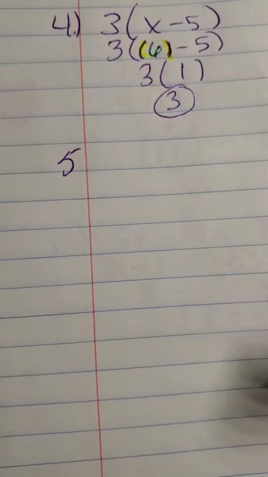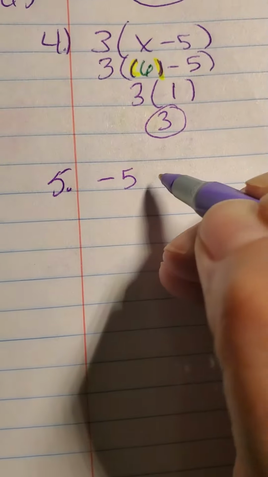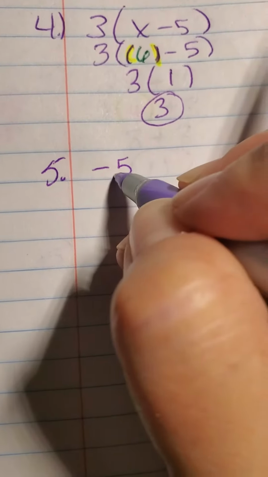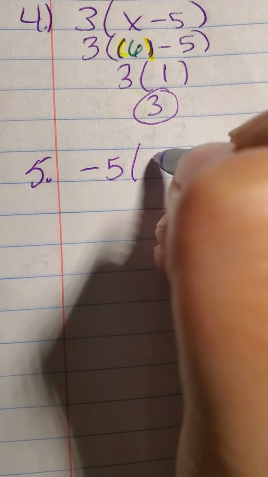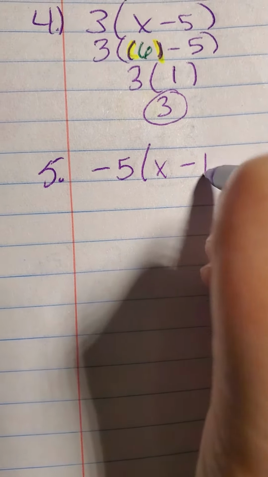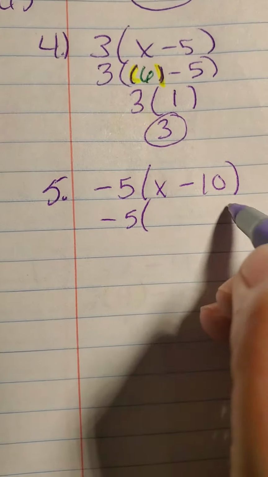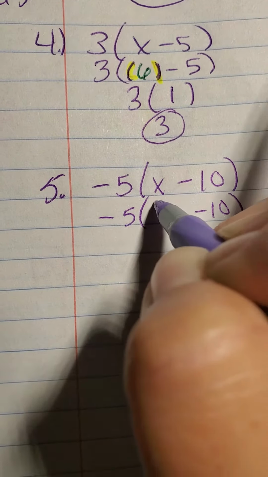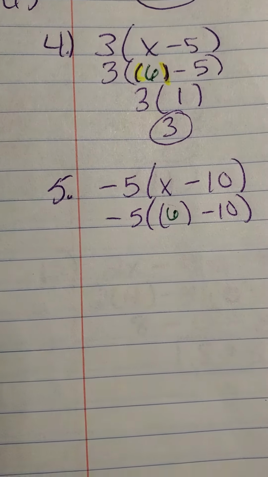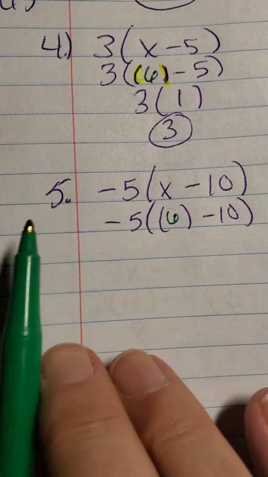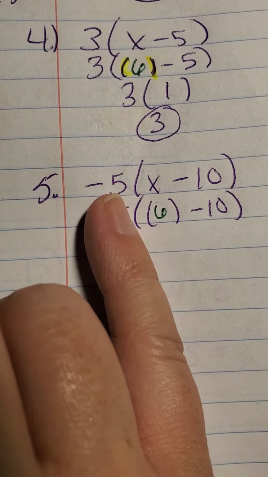All right, number 5. It reads, see if you can read it from your worksheet, -5. Instead of saying parentheses, how would I read that? It would be -5 times the quantity, x minus 10 end quantity. So here we have -5, and we're going to put a set of parentheses. Fill in that 6. Order of operations says I have to do what's in parentheses first. So 6 minus 10 is -4.